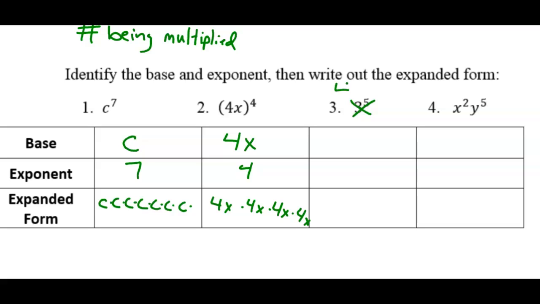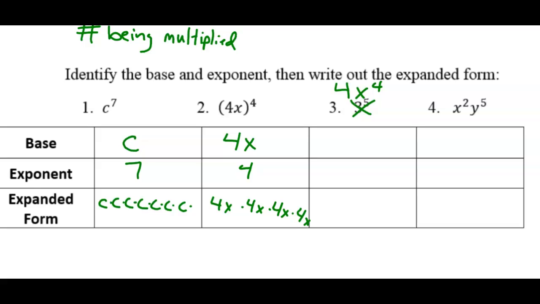What about that one? What's my base for that one? Heavenly thinks it's 4 and x. Does anybody have a different opinion?